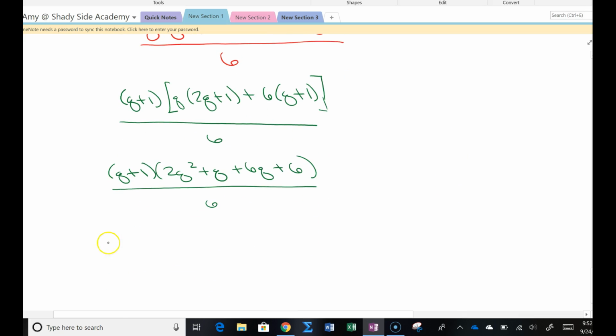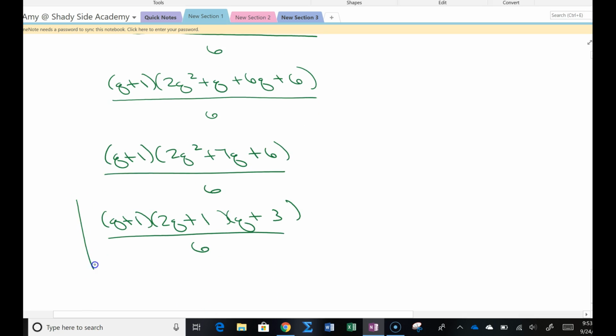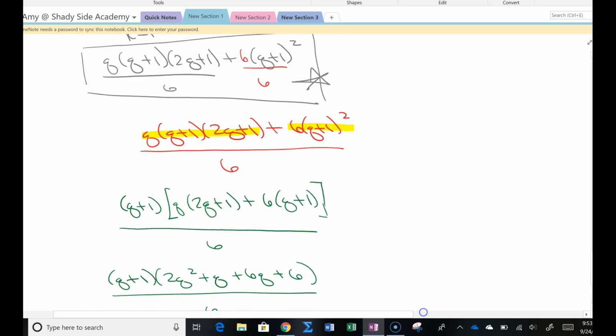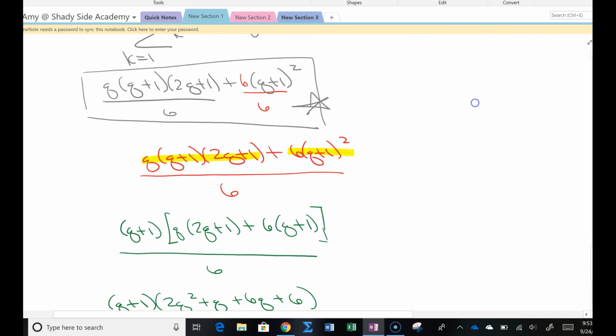And q plus 1 is just waiting in the wings here. This becomes 2q squared plus 7q plus 6 all over 6. Oh, look, I have a factorable quadratic. q plus 1 times 2q plus 3, all over 6, with the q plus 1 plus 1 making up the rest. And I have just proven it because this is this. Okay, that's proof by induction.